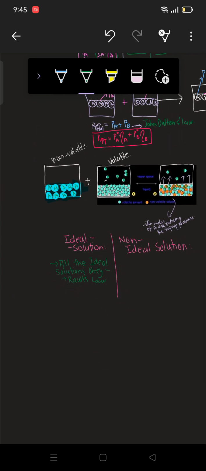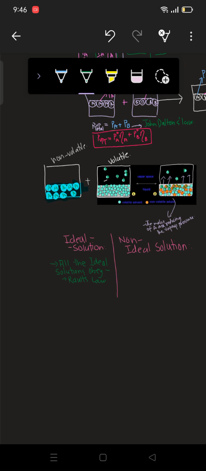As we have already discussed ideal and non-ideal gases as well, right? What were ideal gases? All gases were ideal gases which obey the ideal gas equation. Here it is the same: all solutions are ideal solutions which obey Raoult's law.